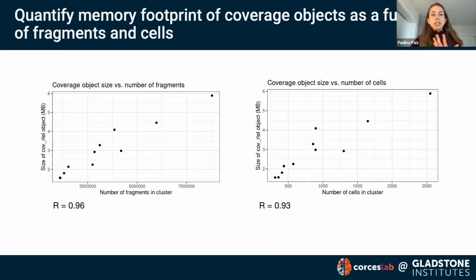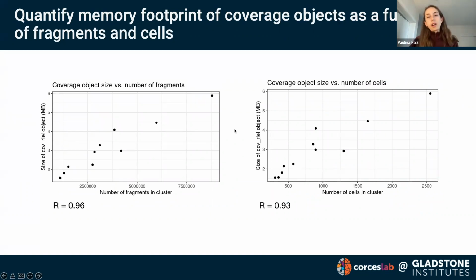We found that this worked really well for the test ArchR project that we had. It was only a couple megabytes, but I also wanted to see how it scaled the more fragments each cluster had and the more cells in each cluster. So to the left, you can see a plot of on X, the number of fragments in the cluster, and on Y, the size of the coverage RLE objects.